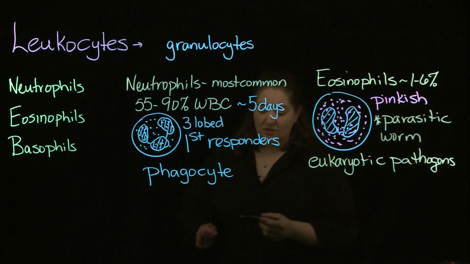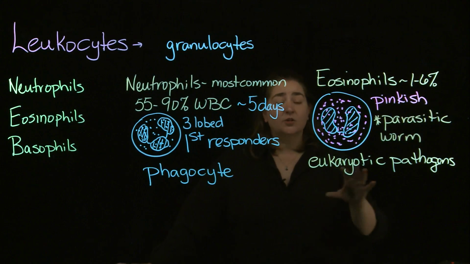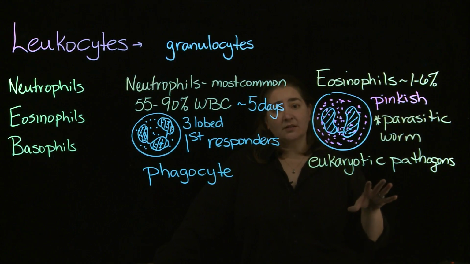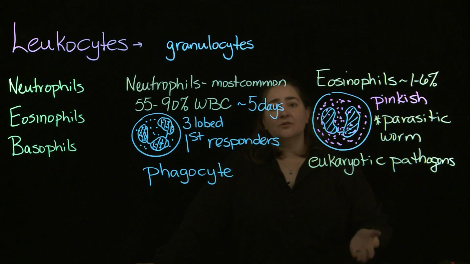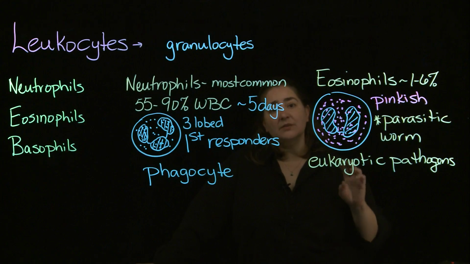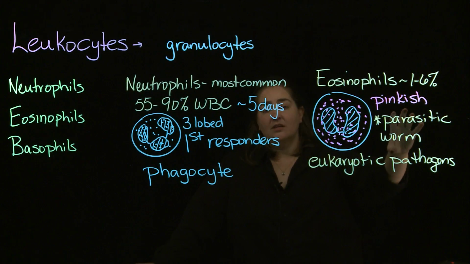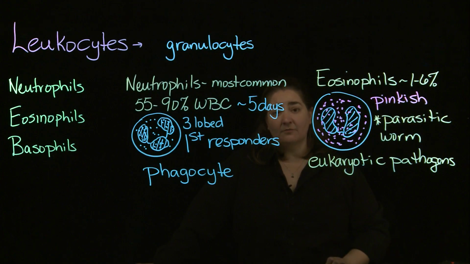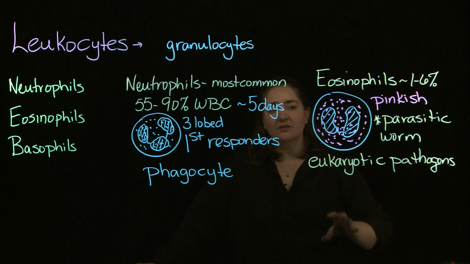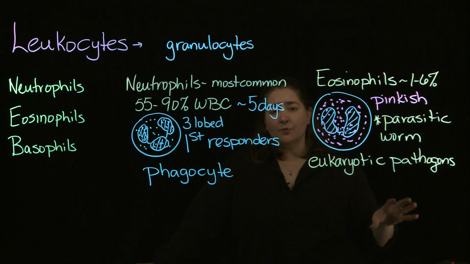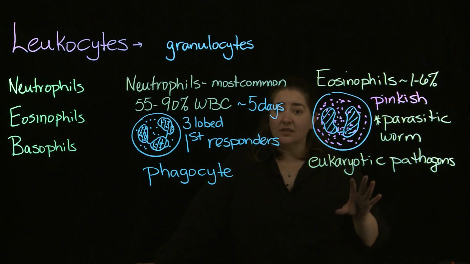Looking at someone's white blood cell count can give you an idea of what's going on in their body. If eosinophils are elevated, it's a potential indication of some kind of parasite infection. It doesn't necessarily mean it's always a parasite infection, because eosinophils also have a role in allergies as well.